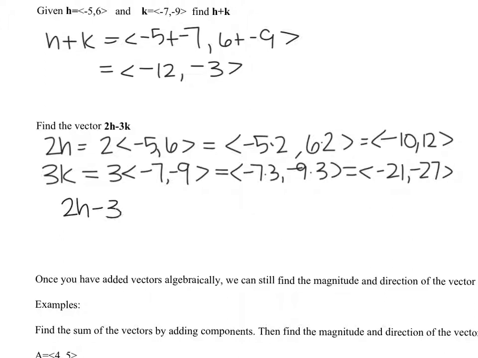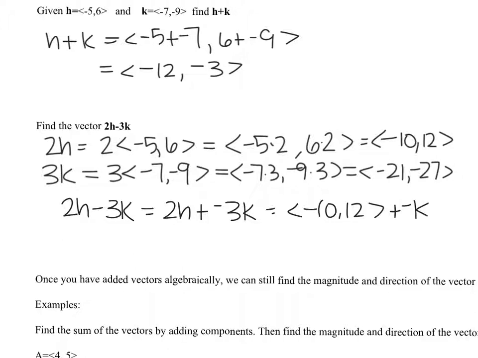So now we can actually do 2h minus 3k. Remember, we rewrite that as 2h plus a -3k. Well, we have 2h, it's -10, 12. We just need to multiply 3k by -1. So -1 times -21, -27.